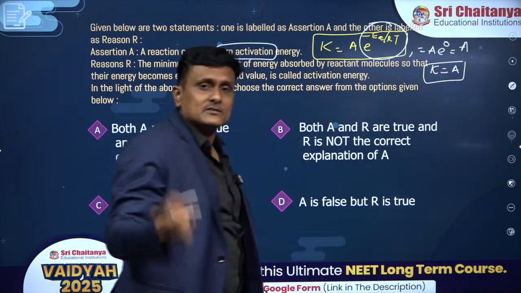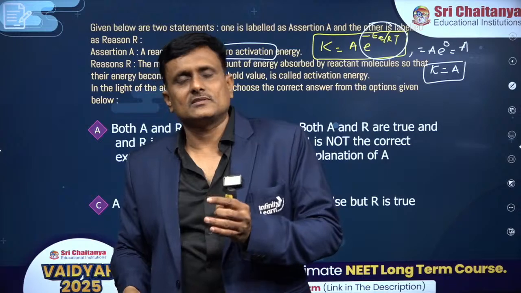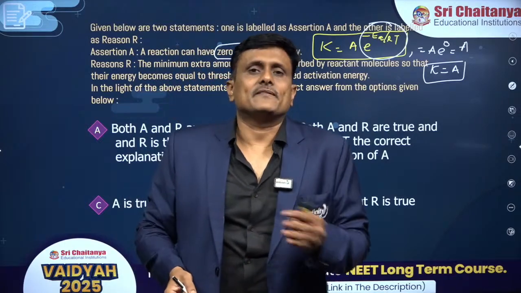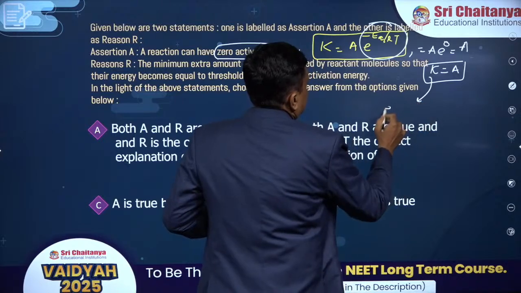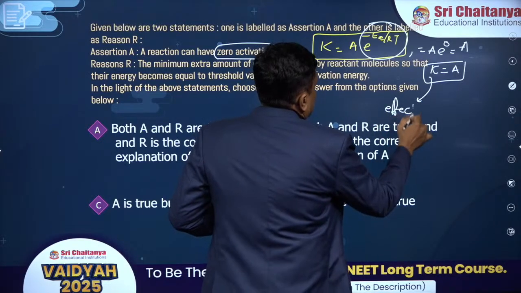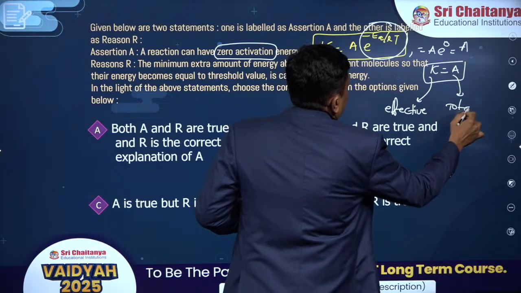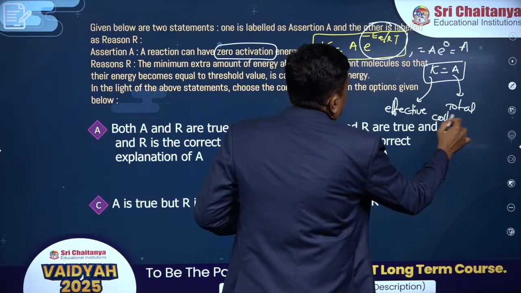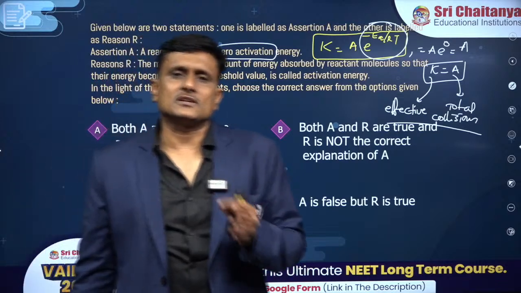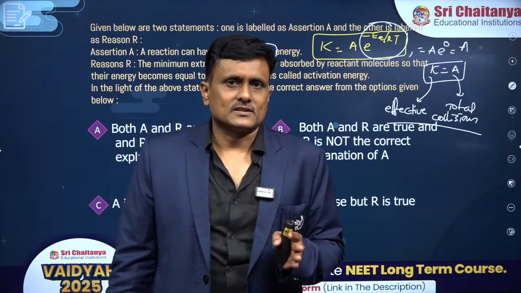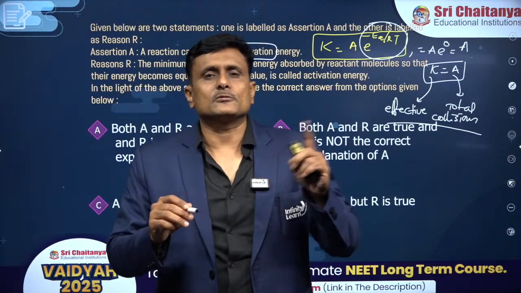That means what? k, the rate constant, denotes the fruitful, effective collisions. However, A denotes the total collisions. We are talking here about effective collisions versus total collisions. We need to understand that the effective collision can never be equal to the total collision.